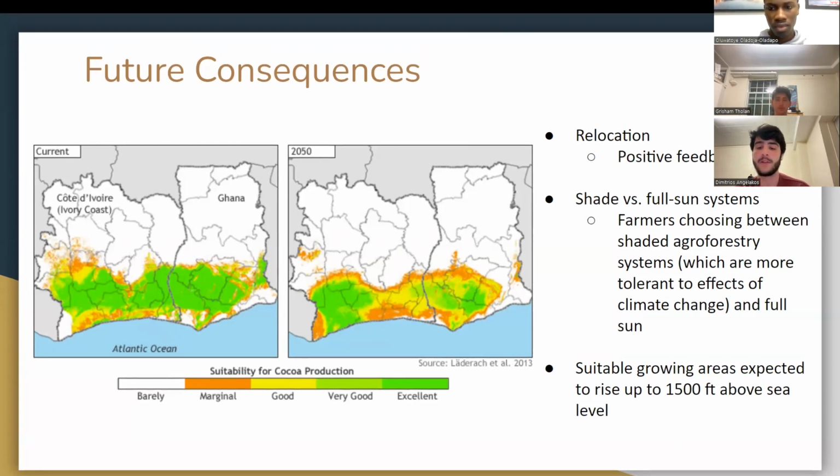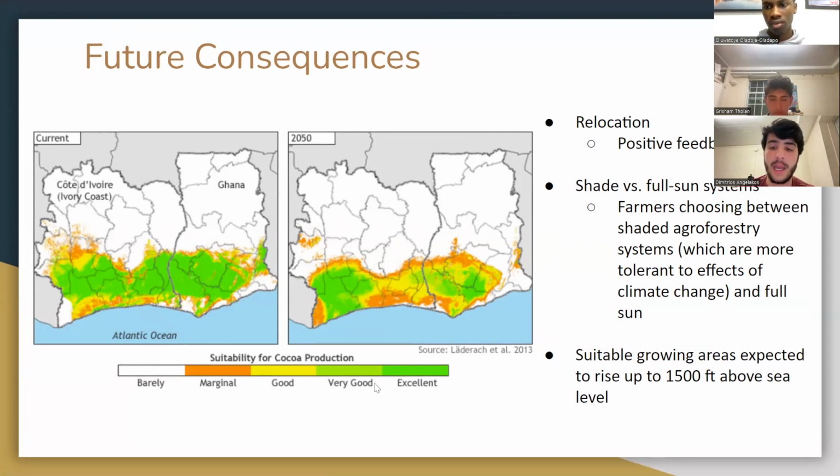These farmers also have to choose between shade and full sun systems. They can either grow the cocoa with a lot of shade or with little shade. The difference is that full sun systems are usually more productive.